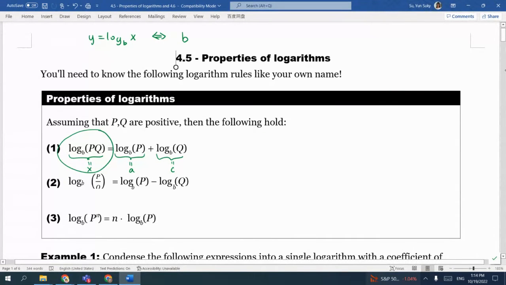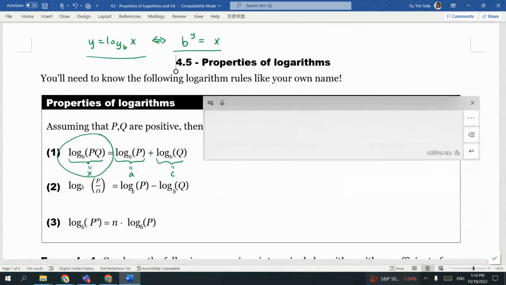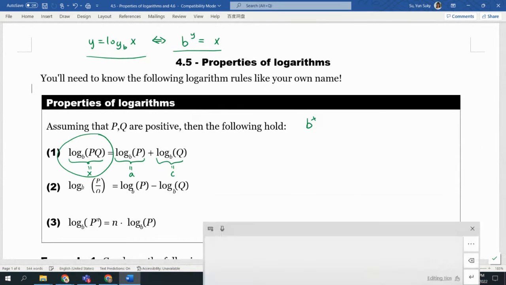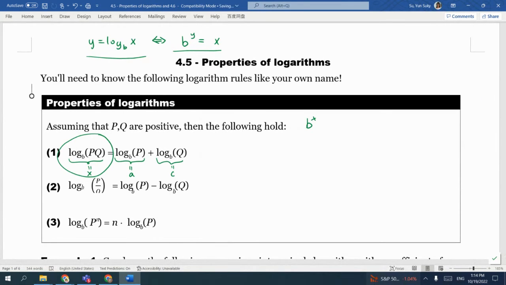Is that okay, everybody? So this is the log form, and this is the exponential form. Therefore, if x equals log b of pq, that means b to the x equals p times q. Base is b, so b to the x is pq.